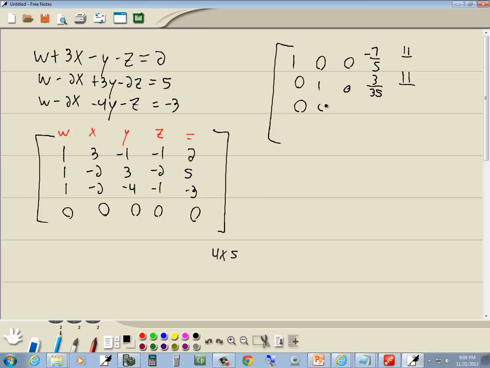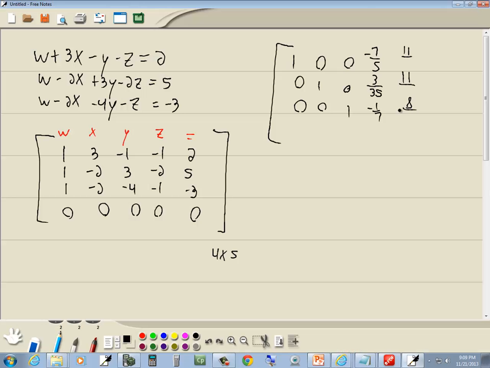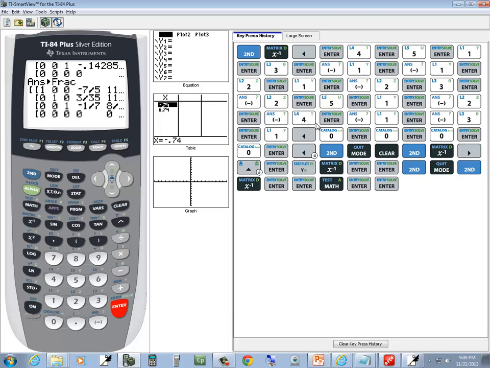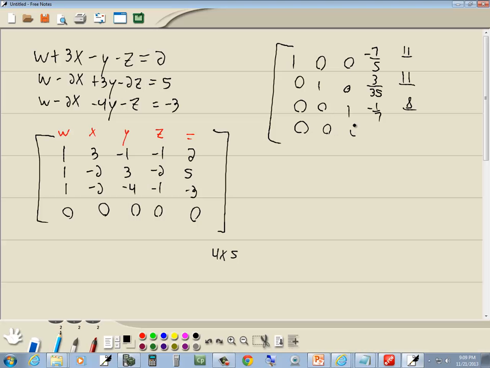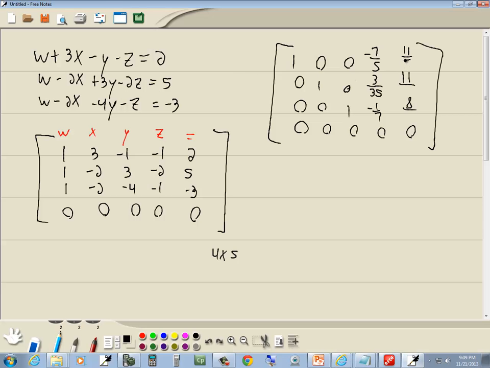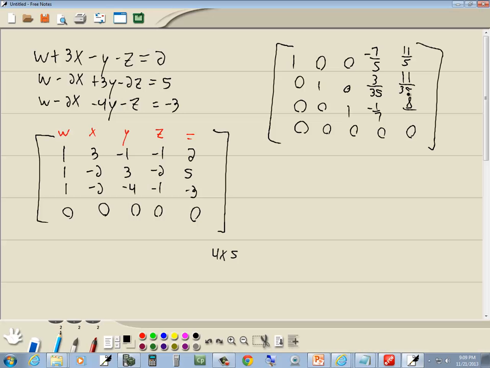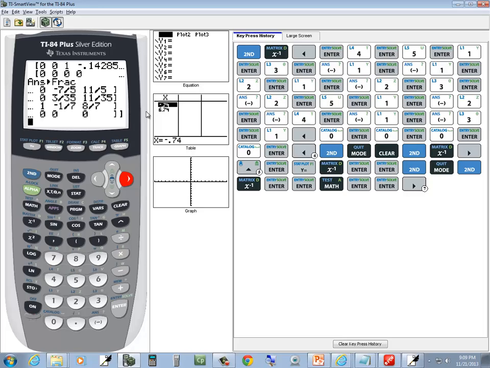Then 0, 0, 1, -1/7. 8 over something. And then 5 zeros. Okay, now there's more to the right. See the 3 little dots? So I'm going to press my right arrow key to scroll over. And I see it's now 11/5, 11/35, and 8/7.